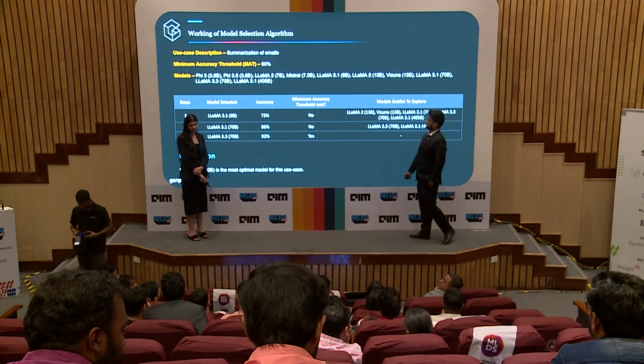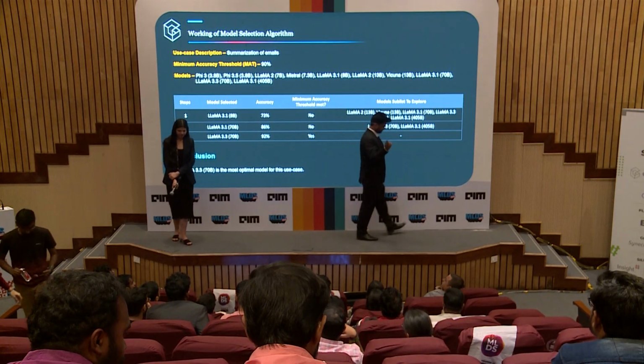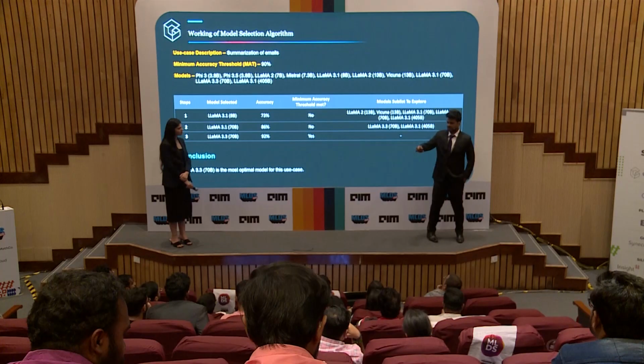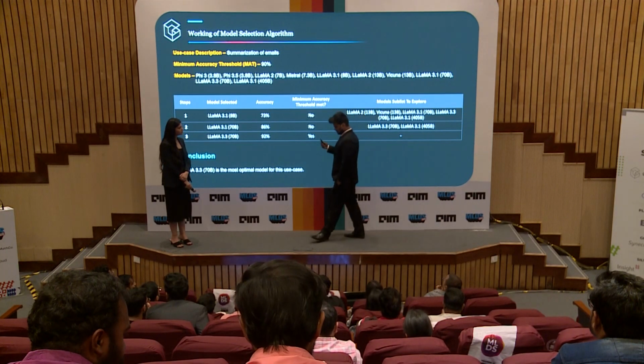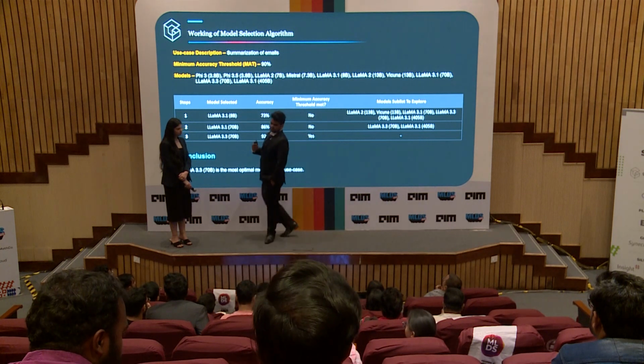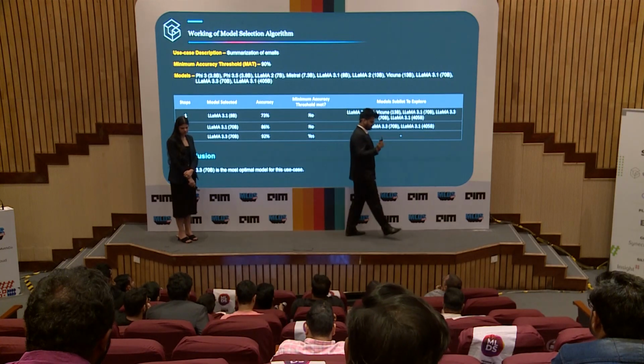Okay. Suppose I take this with an example. Suppose, as you have said, in the middle scenario, the middle model is chosen and it was not able to meet the accuracy. Now, by default, the algorithm will ask it to go forward. Going forward comes with two cases as well.